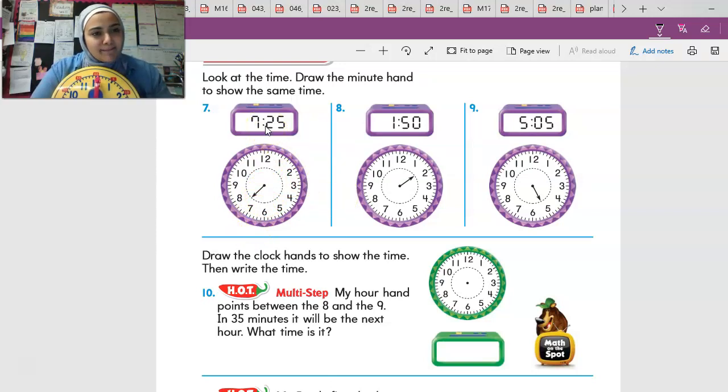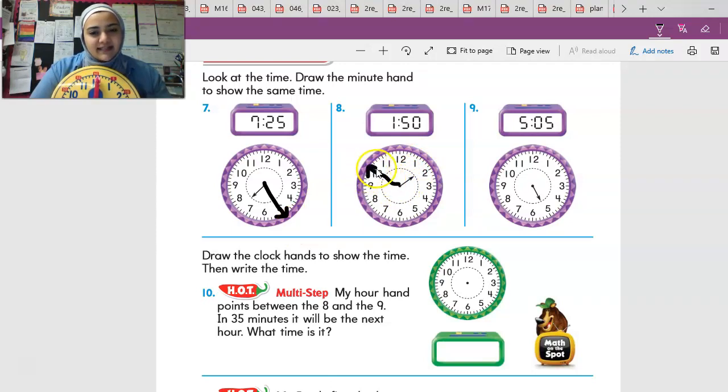Here, the big hand should be on the 10 because this time here is 1:50, and if you count by 5s to this 10, it's going to be 50. 5, 10, 15, 20, 25, 30, 35, 40, 45, 50. This one is 5:05, so this is 0 and this is 5, so the big hand will be pointing to the 1. 5:05. All right, we're almost done, guys. Hang in there.